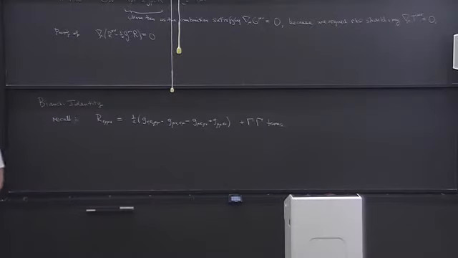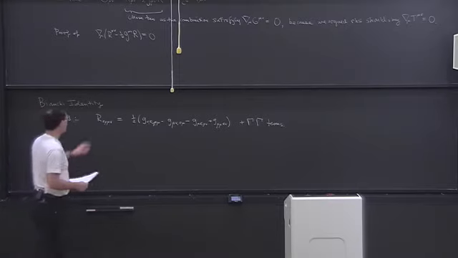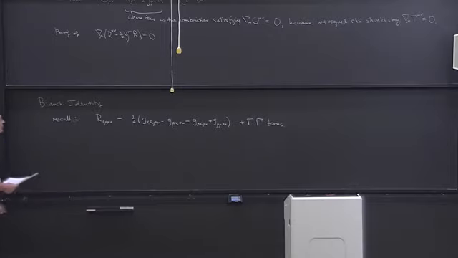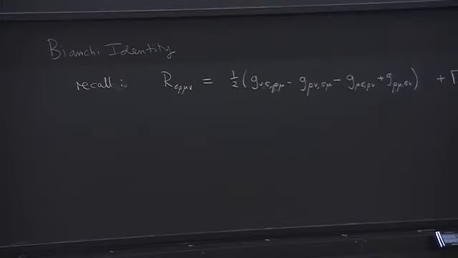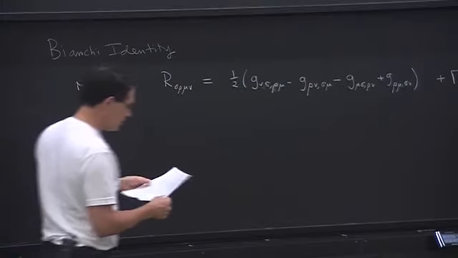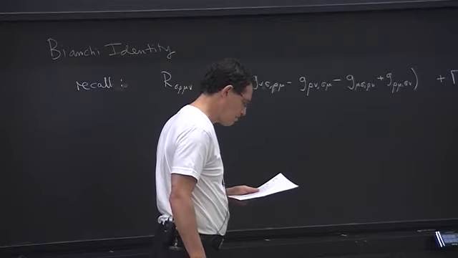Okay, so we already showed that just by calculating it. That the Riemann tensor depends on second derivatives of the metric, and this statement is exact.